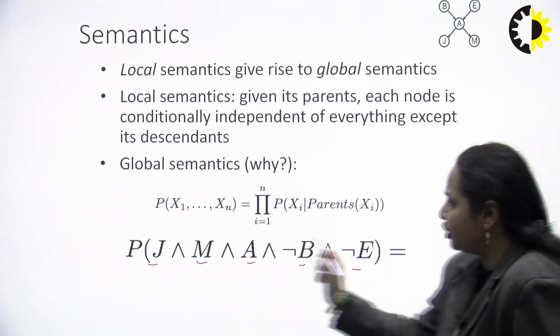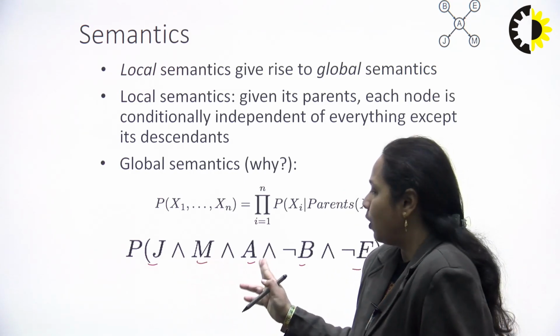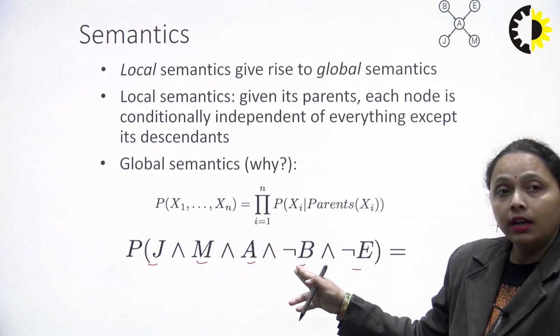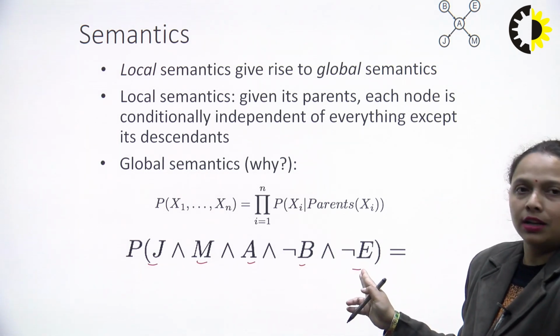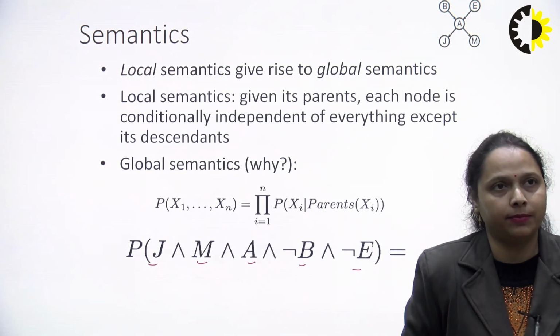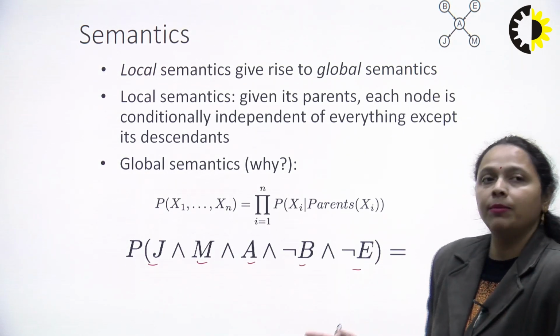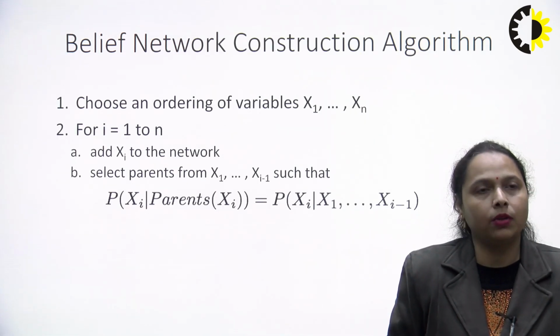This condition may vary, such as John calls or Mary calls, alarm rang, burglary or not earthquake. So, conditions will change but the formula will remain the same. In this way, a Bayesian belief network will work. I hope the concept is clear.